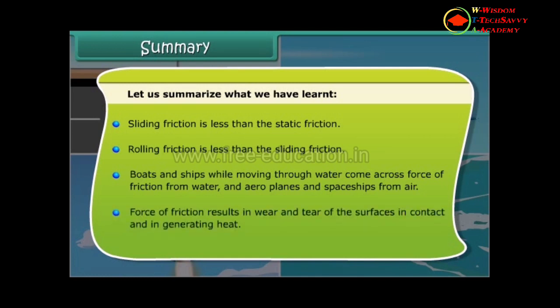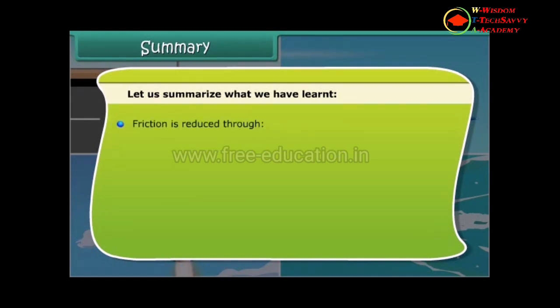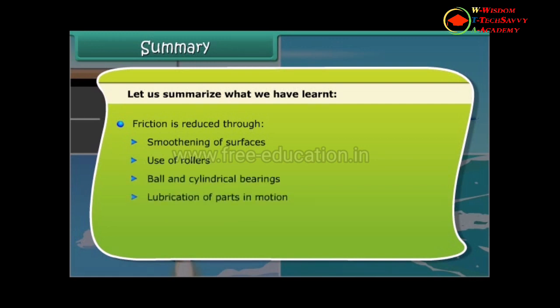Force of friction results in wear and tear of the surfaces in contact and in generating heat. Friction is reduced through smoothening of surfaces, use of rollers, ball and cylindrical bearings, lubrication of parts in motion, and streamlined shape of vehicles.